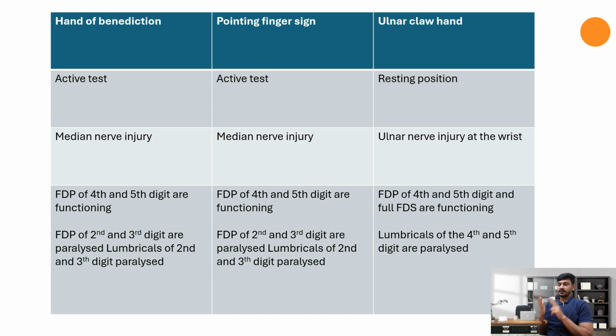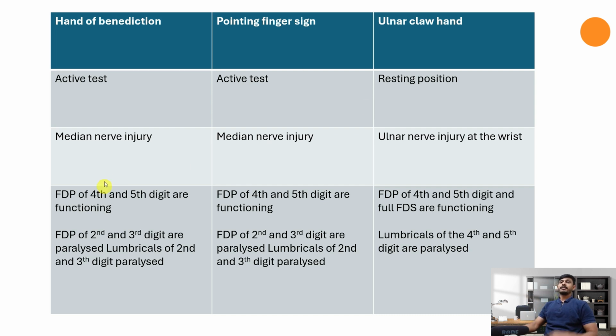What I mean by that is the FDP to the fourth and fifth digit are supplied by the ulnar nerve, whereas the FDP to the first, second and third digit, which is the index and middle finger, is supplied by the median nerve.